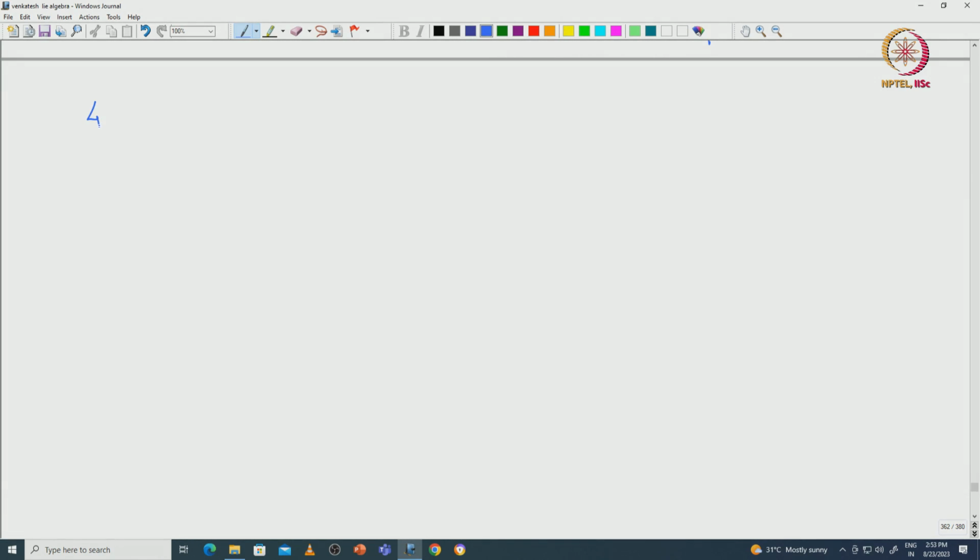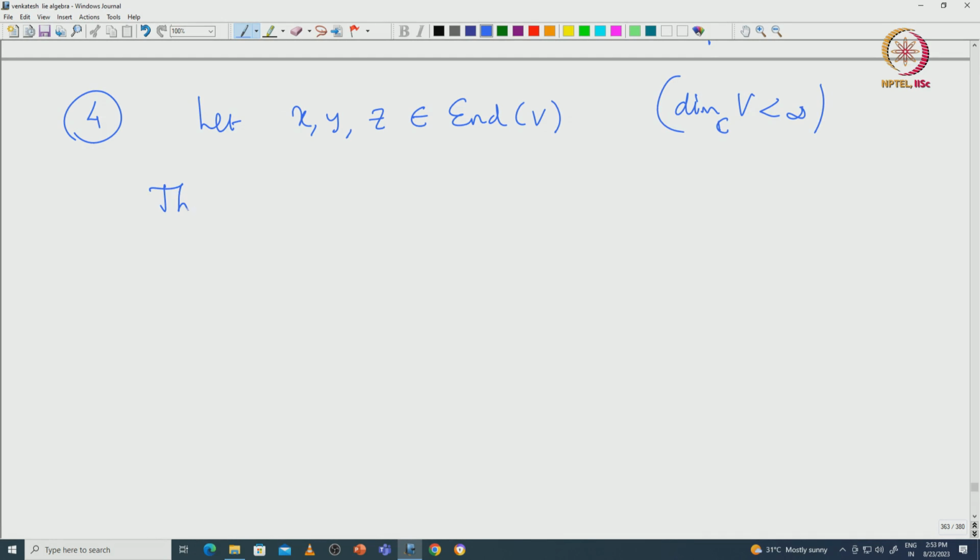Okay. So, here is the fourth exercise. You start with three operators x, y, z inside End(V). Again, assume that dimension V is finite. That underlying assumption is always there. Then what we can prove is that if you compute the trace of these products, the trace of the commutator [x, y] times z is equal to the trace of x times [y, z], and that is equal to the trace of [y, z] times x.